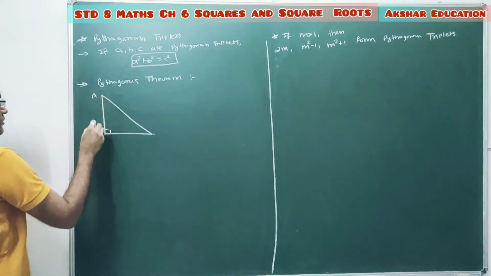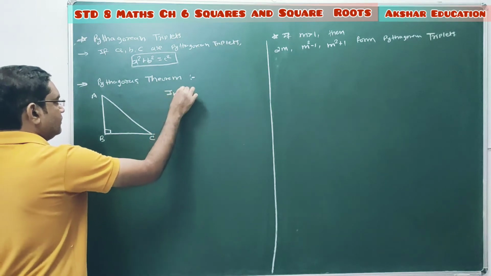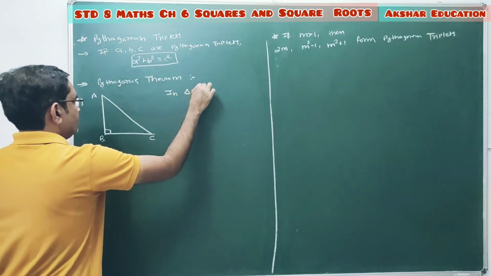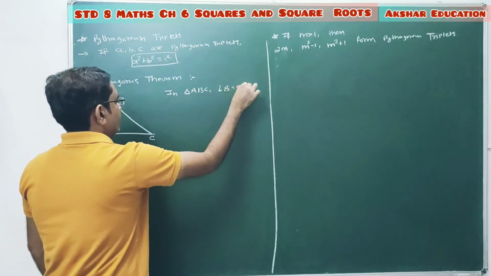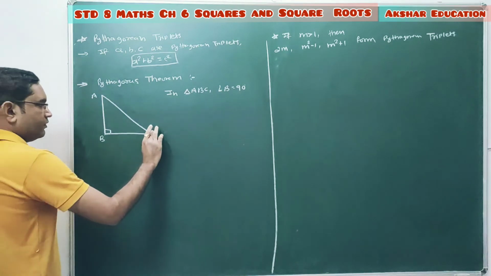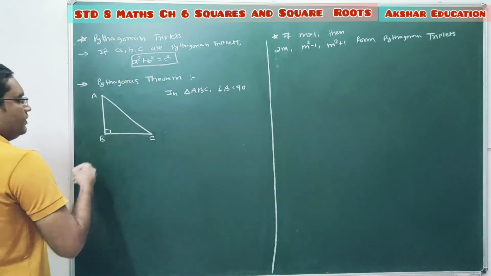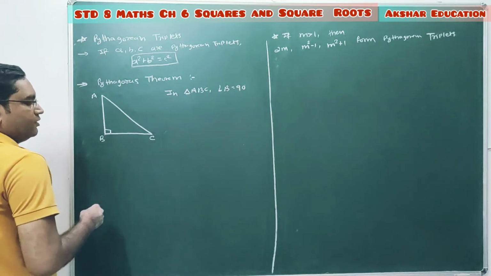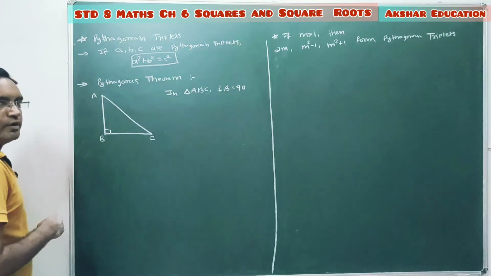So consider this triangle ABC. In triangle ABC, measure of angle B is 90 degree. So triangle ABC is one right angle triangle. So according to Pythagoras, the square of hypotenuse.